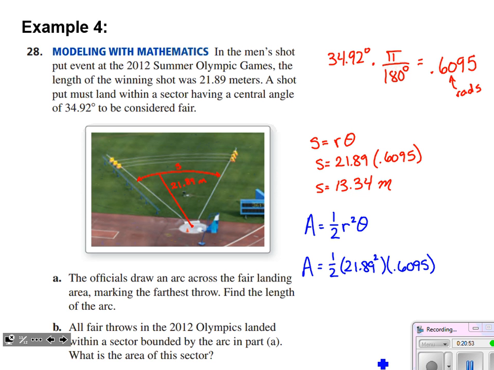And that's going to calculate all the area in here. Let's find out how many square meters that is. 0.5 times 21.89 squared times 0.6095, and I get 146.03.